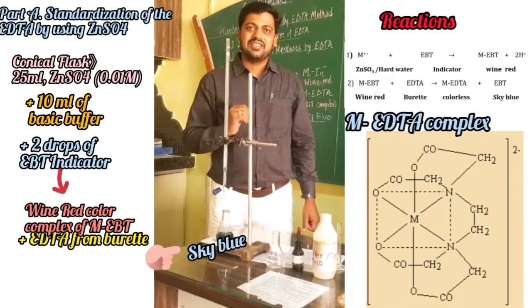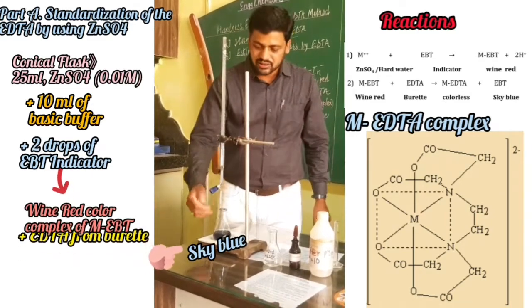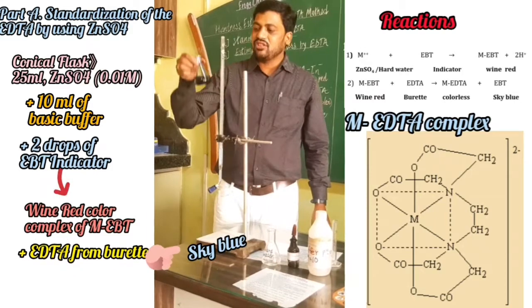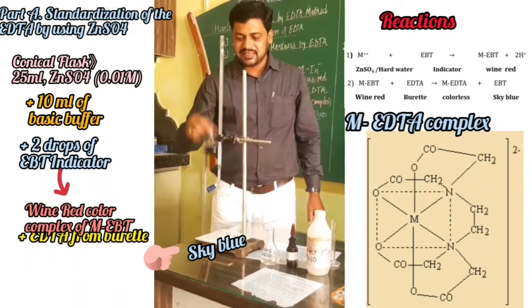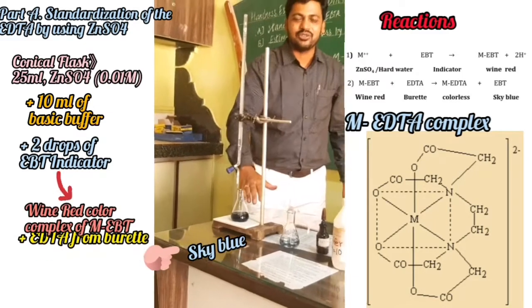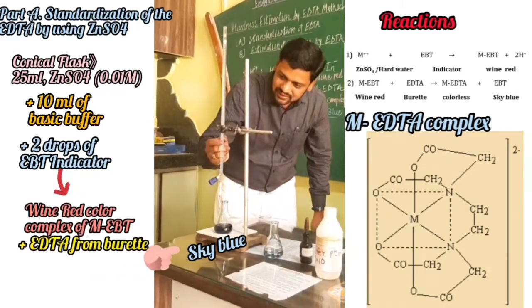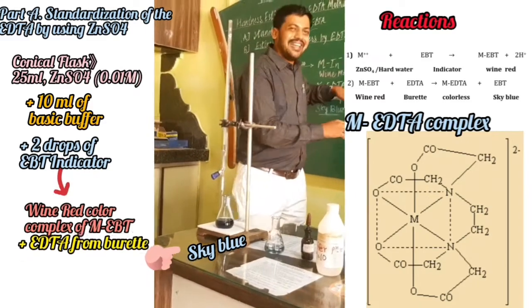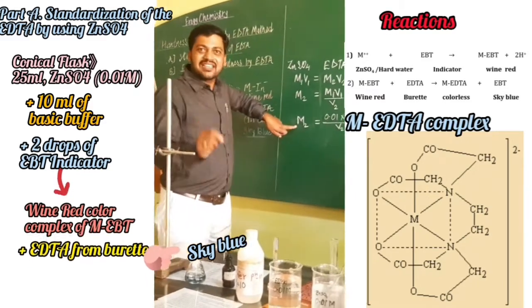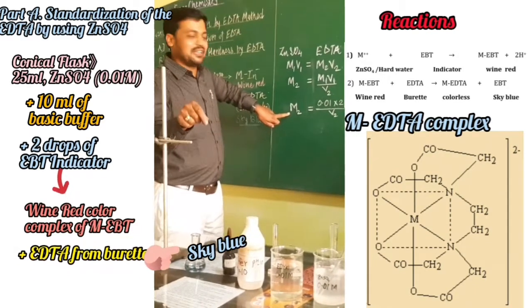Initially it reacted with the zinc, and after separation the indicator has the blue color, so this solution got the sky blue color. This is the end point. The amount of EDTA which is required to neutralize the ZnSO4 present here, that volume we have to use to find out the exact M2, which is nothing but today's exact concentration of EDTA.